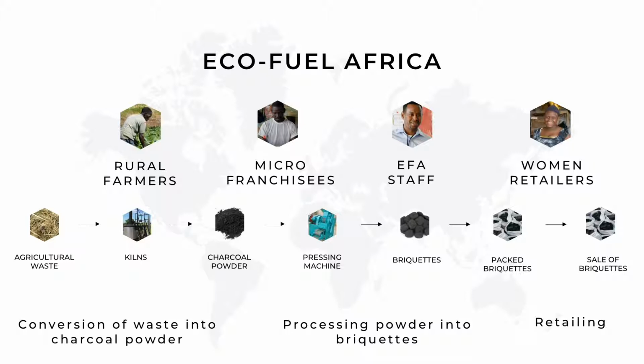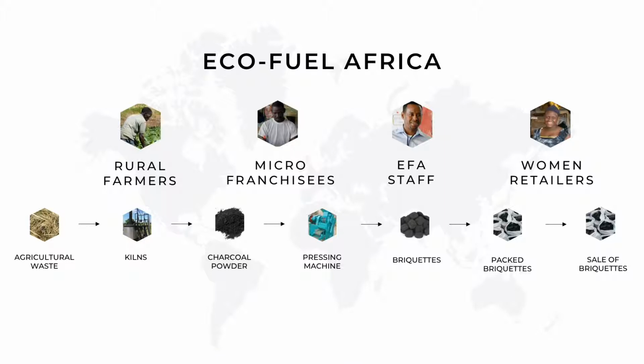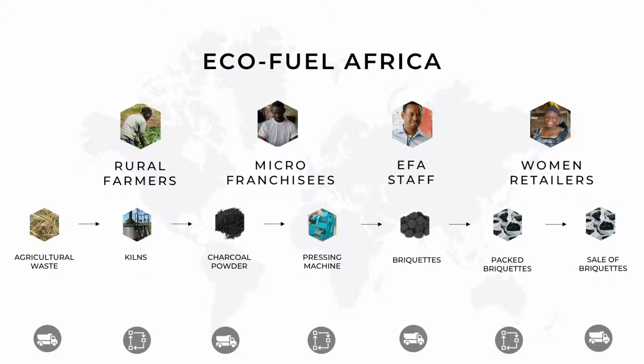The transformation processes of Ecofuel Africa include the treatment processes of carbonization, pressing into briquettes and packaging, but also the transportation of all the intermediate products between the different process steps, such as the charcoal powder and the briquettes to packaging, as well as the transportation of the packages of briquettes to the retailers.